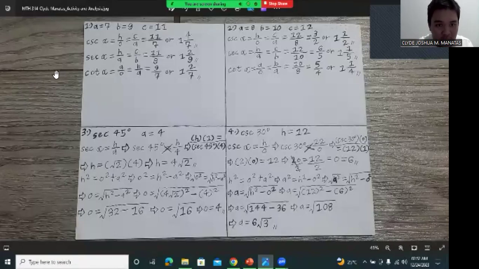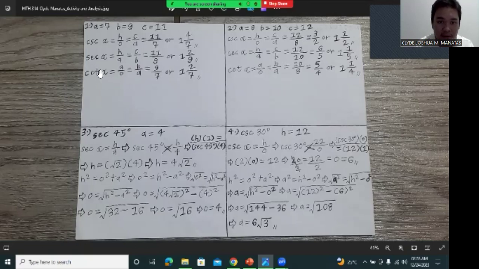For number 3, given is secant 45 degrees and A is equal to 4. To find the hypotenuse, we use secant alpha is equal to hypotenuse over adjacent. Substituting, secant 45 degrees is equal to hypotenuse over 4. Then cross multiply: h times 1 is equal to secant 45 degrees times 4.